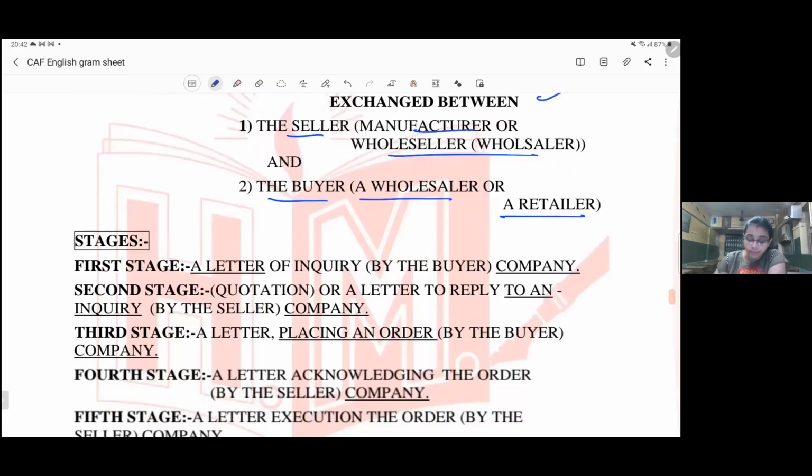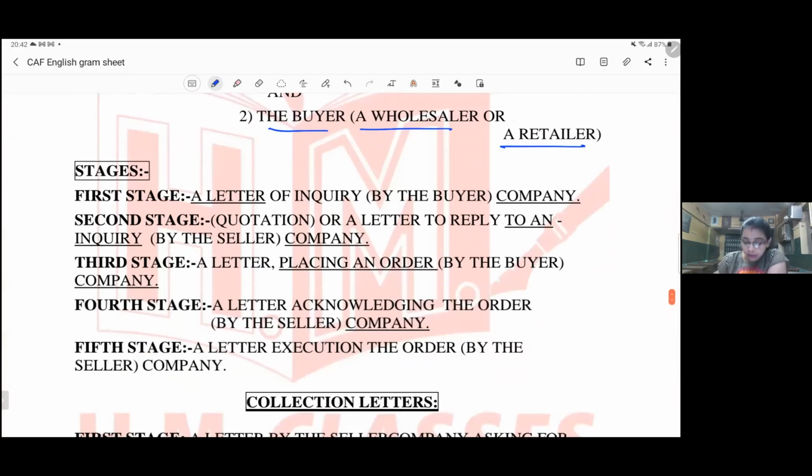First stage, basically a letter of inquiry by the buyer company, we have already done. Second stage, if I am okay with it, then I will go with the second stage. Then third stage, fourth stage and fifth stage, a letter of execution, the order by the seller, that is the company.